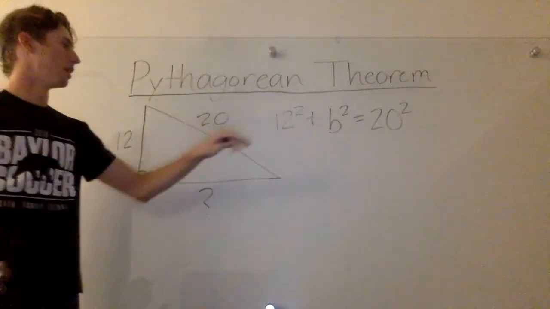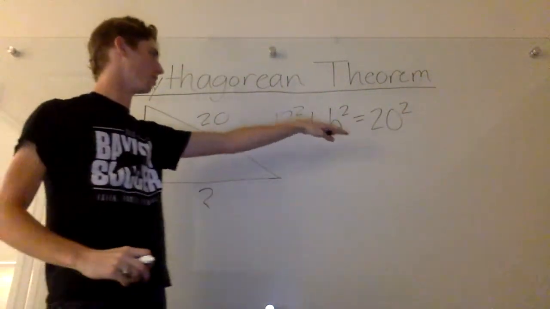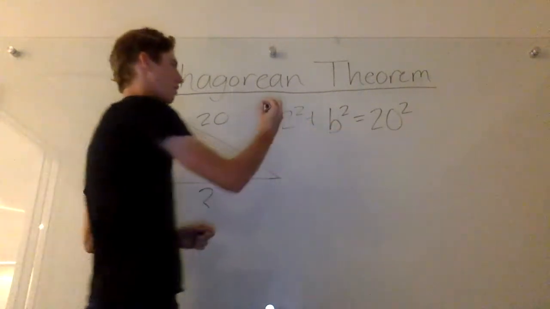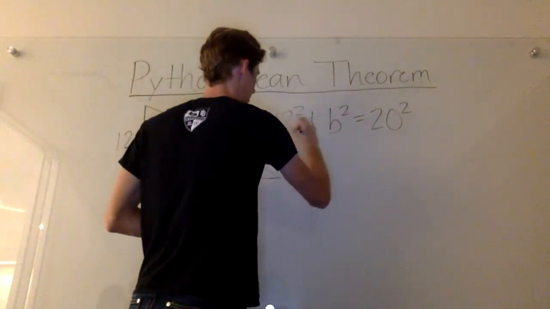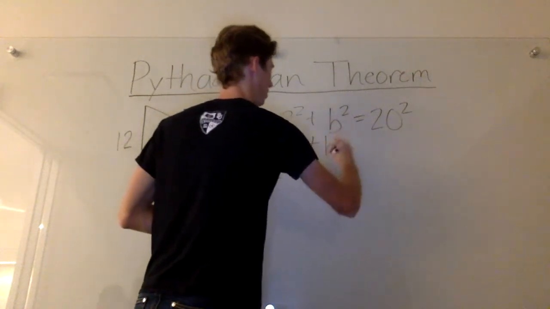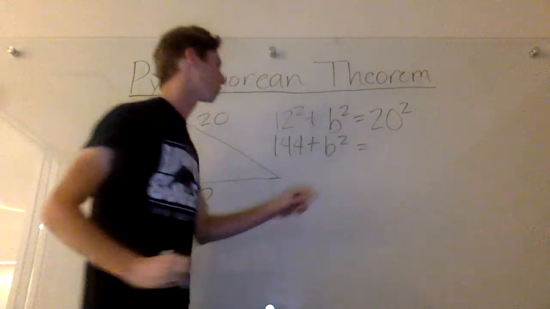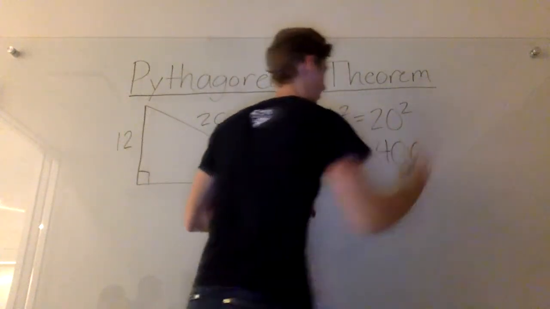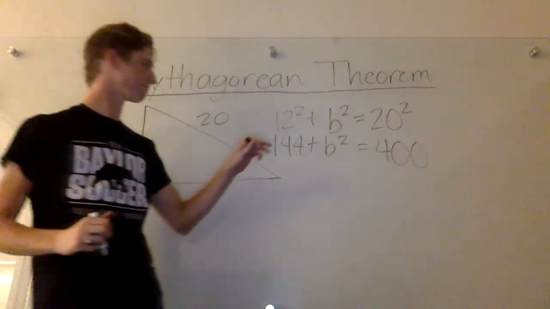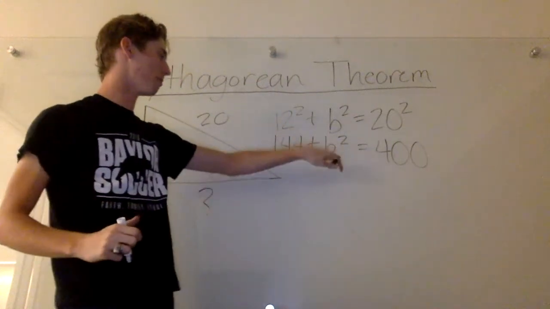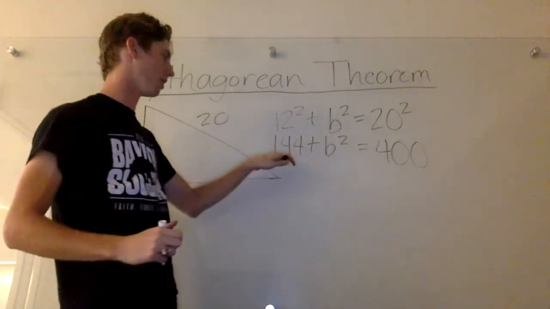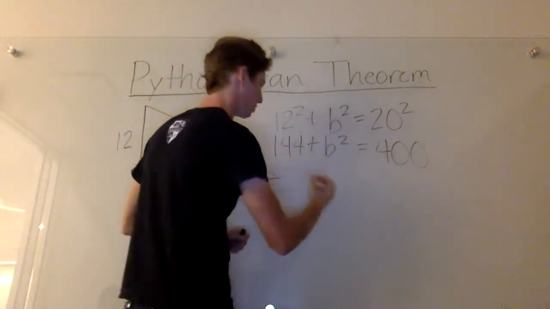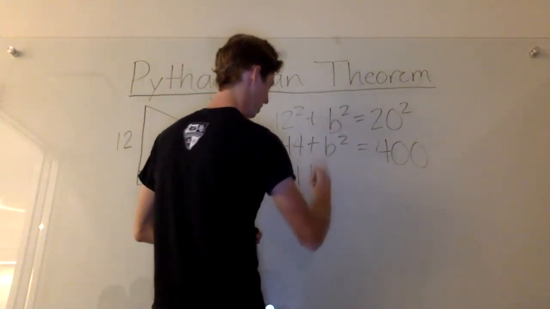All right? Now it becomes solving for b rather than solving for c like we did last time. So 12 squared is 144. We don't know what b squared is. Equals 20 squared, which is going to be 400. Now, in order to get b by itself, we need to get rid of anything that's attached to it. So that would be this 144. So we're going to subtract 144 from both sides.